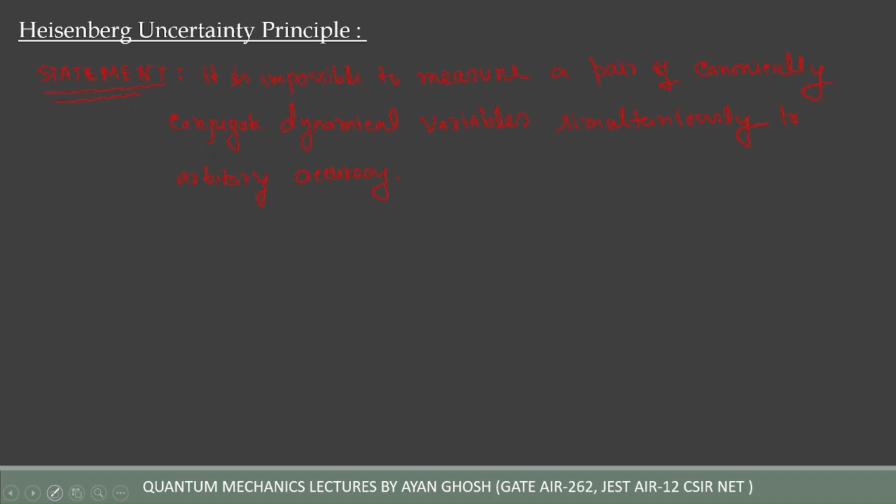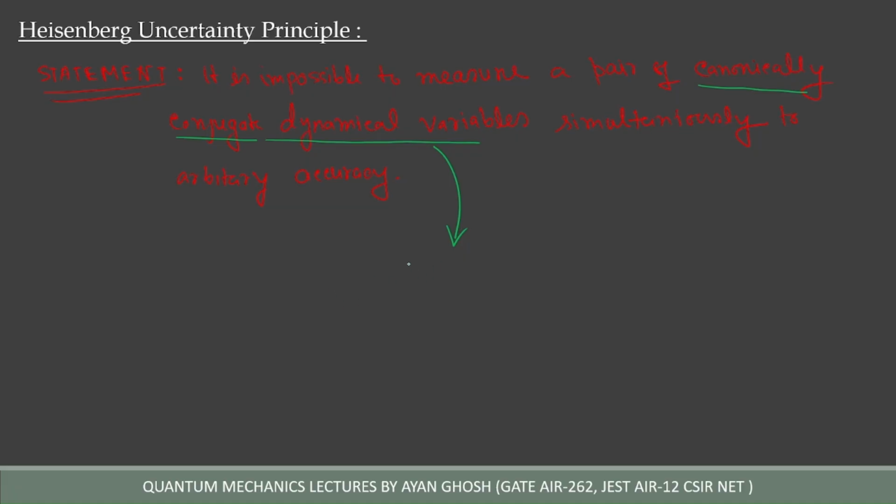Now you can see the words canonically conjugate dynamical variables. So what does this mean?